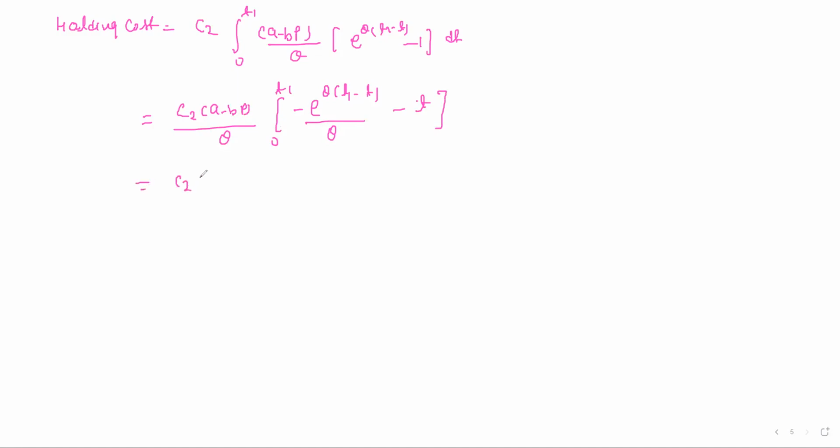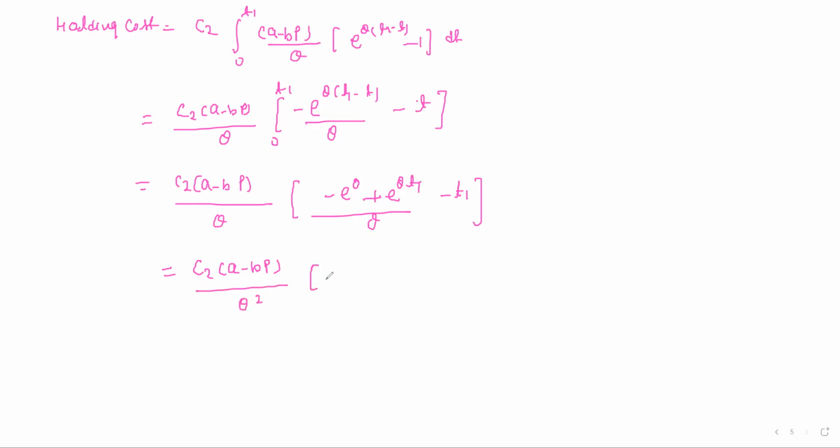Now we can put the limit. When we put t1, it will become 0. When we put 0, then it will come e to the power theta t1 upon theta minus t1. We can take LCM, so it will become C2 (a minus bp) upon theta square, and this is e to the power theta t1 minus theta t1 minus 1. So this is the holding cost.